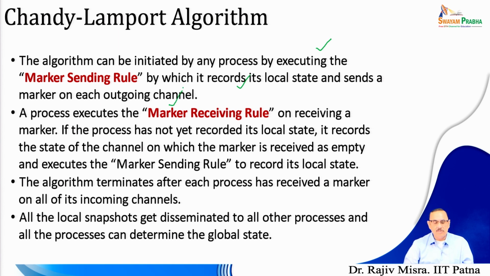The process executes a marker receiving rule on receiving a marker. If a process has not recorded its local state, it records the state of the channel on which the marker is received as empty and executes the marker sending rule to record its local state.